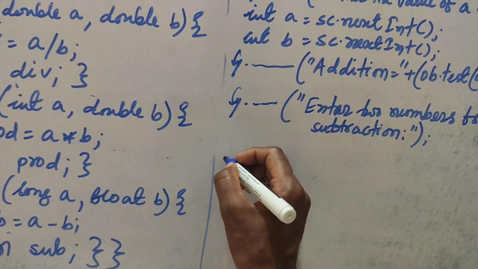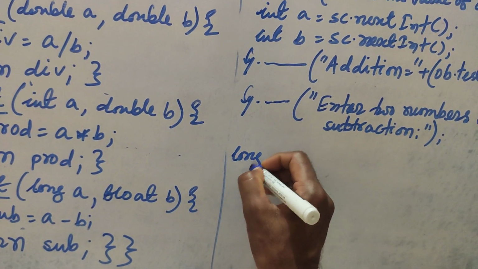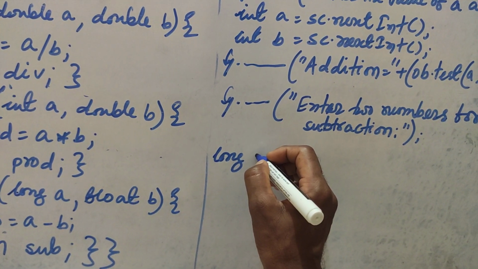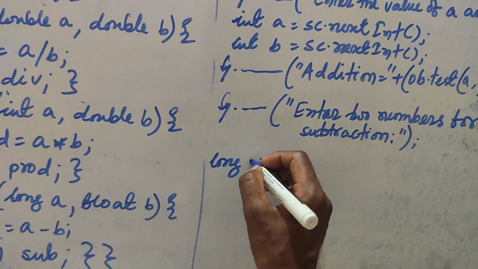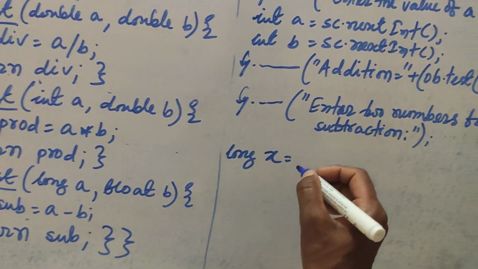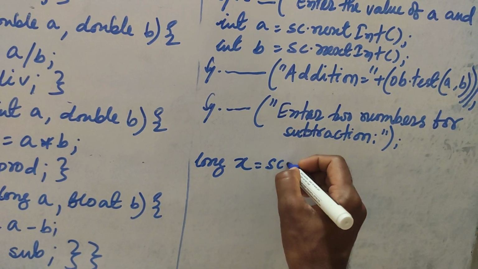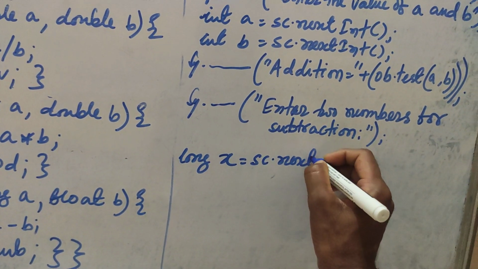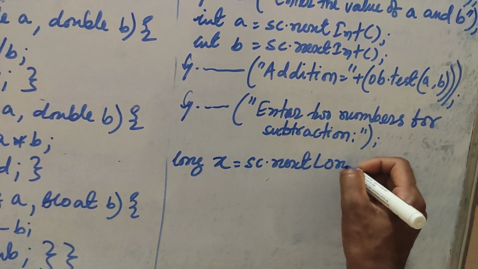One is long, variable long x equal to sc dot next long.